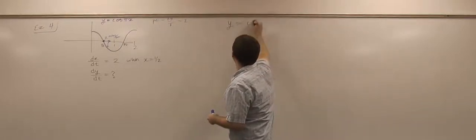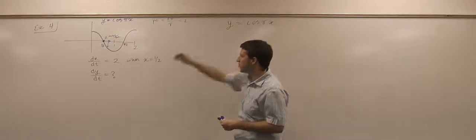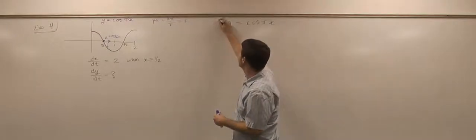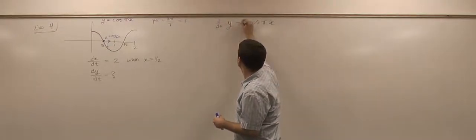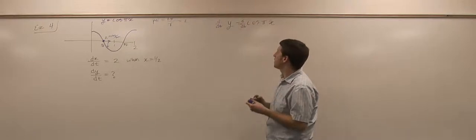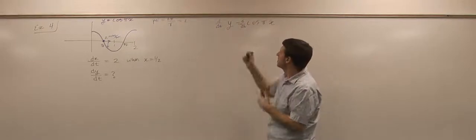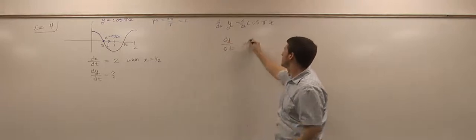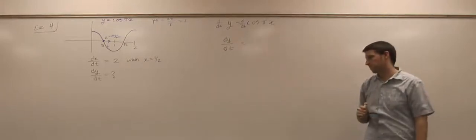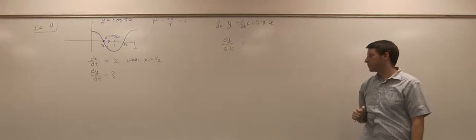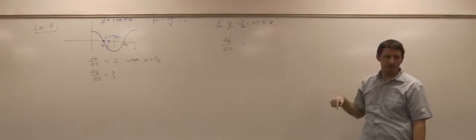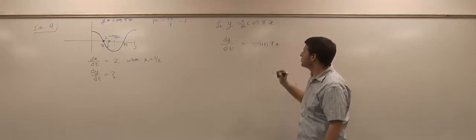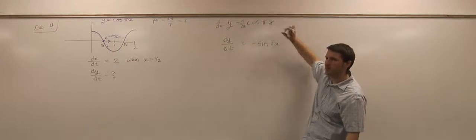So if y equals cos pi x, and I'm trying to find dy/dt, I need to hit both sides with the derivative. On the left side, it's just dy/dt. There's nothing tricky. What happens on the right? Derivative of cosine is negative sine. Keep the inside the same, right? It's a chain rule. Outside is cosine, inside is pi x.